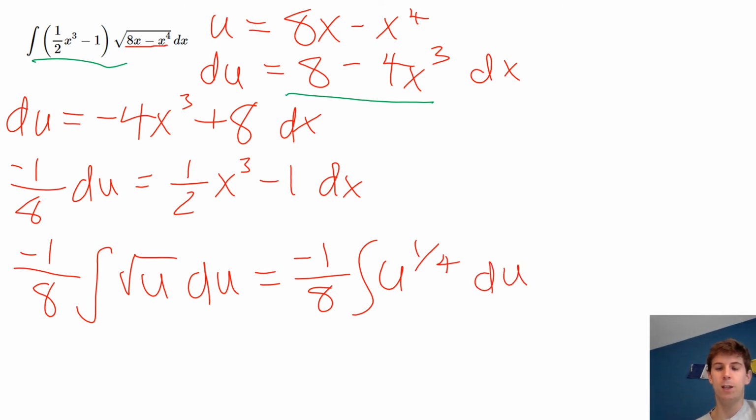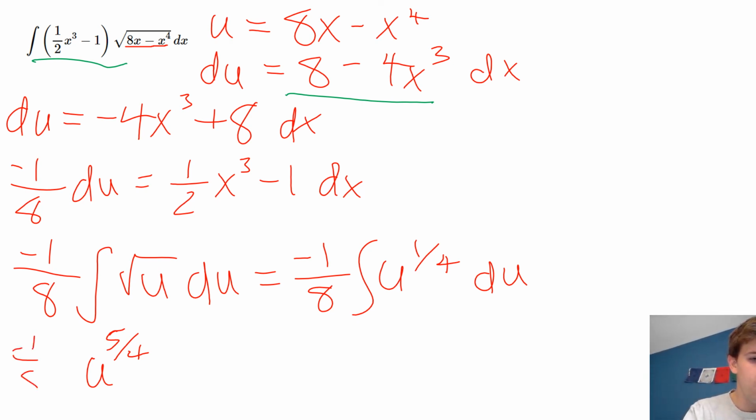Then I just reverse power rule. I just need to add 1 to the exponent. So I'll have u to the 5/4. And then divide by the new exponent, which is the same as multiplying by the reciprocal. So I'll have negative 1/8 times 4/5 u to the 5/4 plus c.